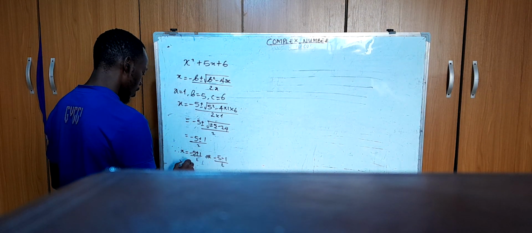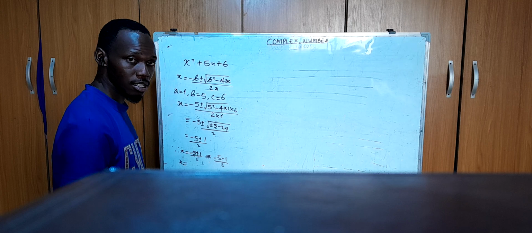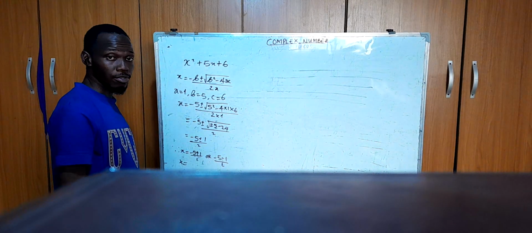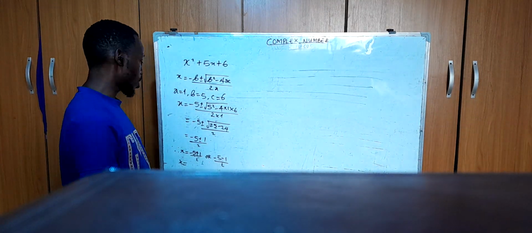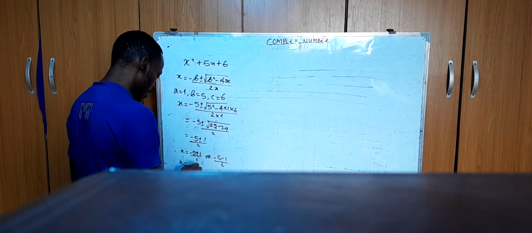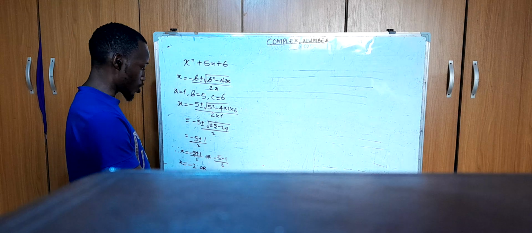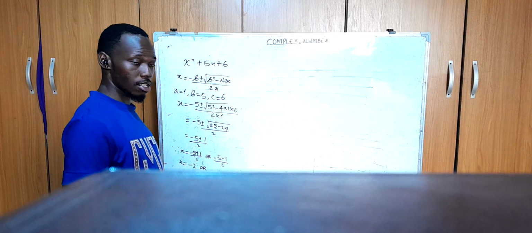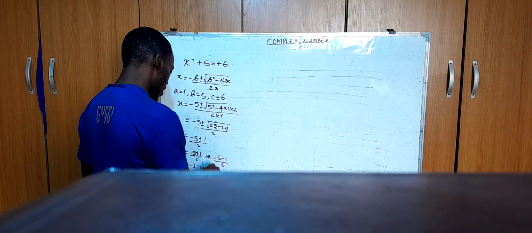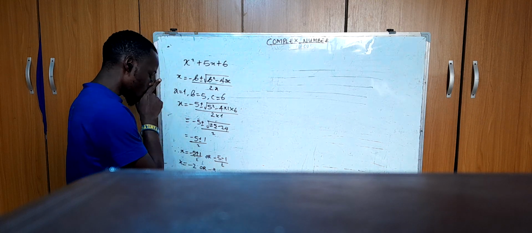So minus 5 plus 1, that's negative 4. Negative 4 divided by 2, that's negative 2, or negative 5 minus 1, that's negative 6, divided by 2 is negative 3.